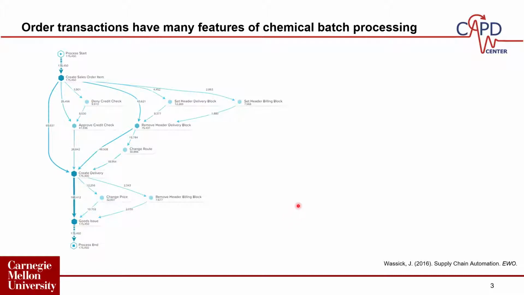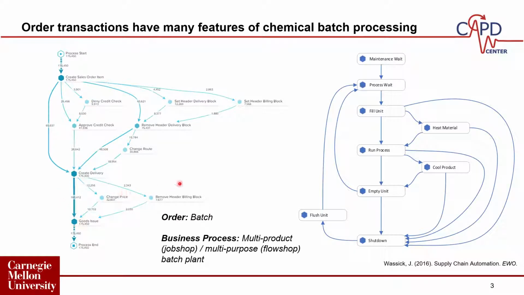So if we look at a business transaction where there are several steps that an order needs to go through, and if we compare that with a batch process where once again there are several steps that a chemical plant needs to go through when producing these batches of chemicals, there seems to be a good analogy between the two where we could associate an order with the concept of a batch, and the business process could be viewed as a multi-product or multi-purpose batch plant.